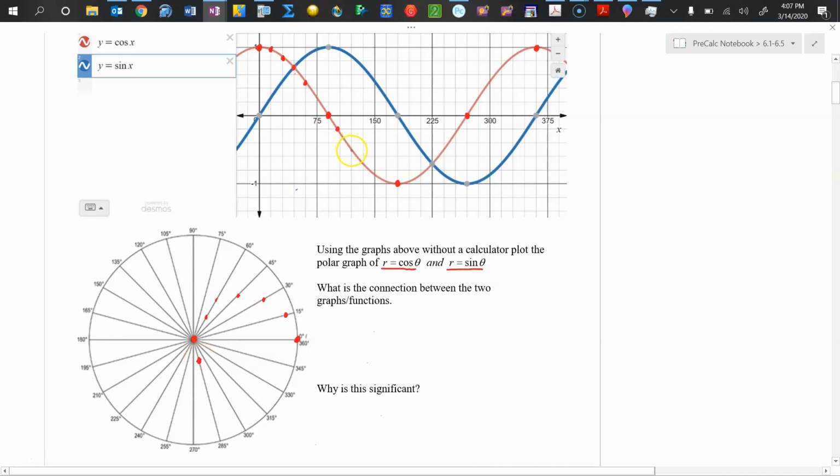And then if we add another 15 degrees to that, so 120 degrees, it looks like our y value up on the top is about -1/2, and that means we're going to be about halfway between the pole and the outer perimeter of our graph right here.